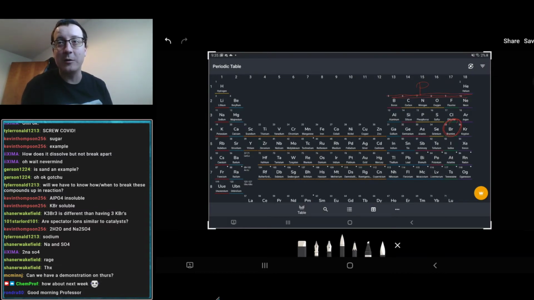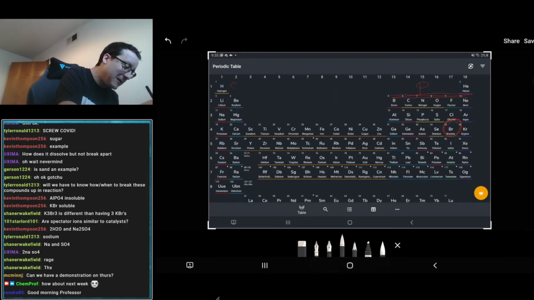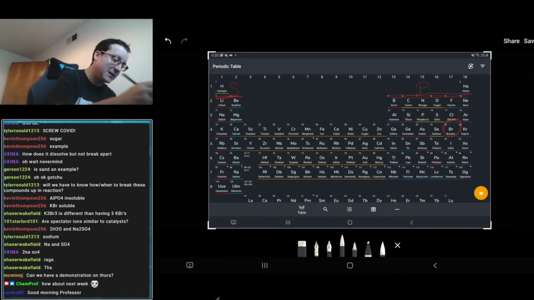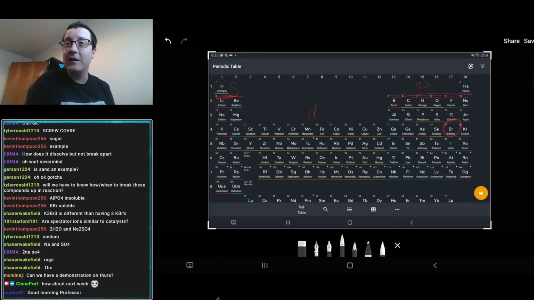Notice the p subshell can hold 6 electrons. Notice there are 6 columns here. Magic. Notice here in the s block we have 2 columns, and s subshells can hold 2 electrons. We have 10 columns in the D block for 10 electrons. And then we have, of course, the F with 14.